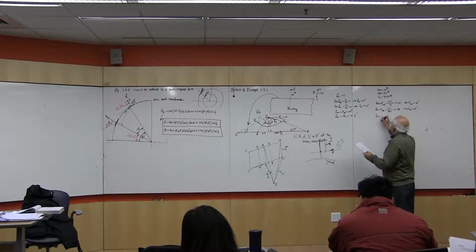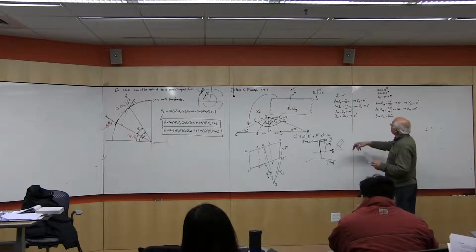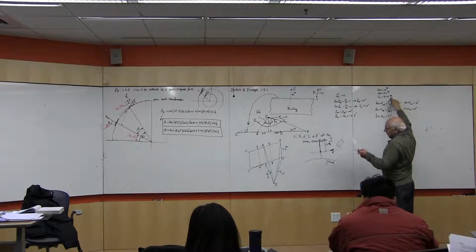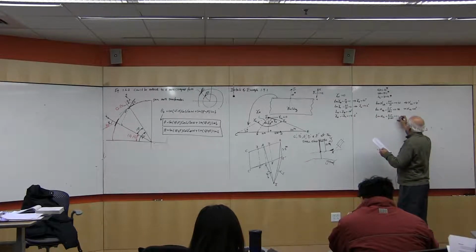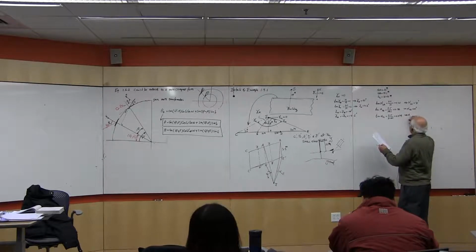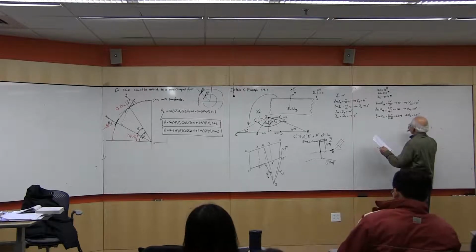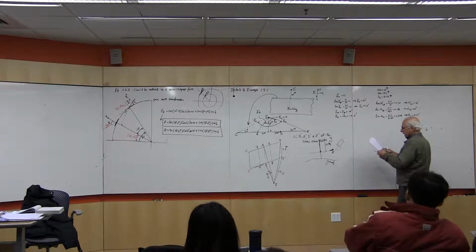Tan of alpha OC would be, again, 2.5, the height, divided by 31.62. That is 0.079. Out of that, I get alpha OC of 4.52 degrees.